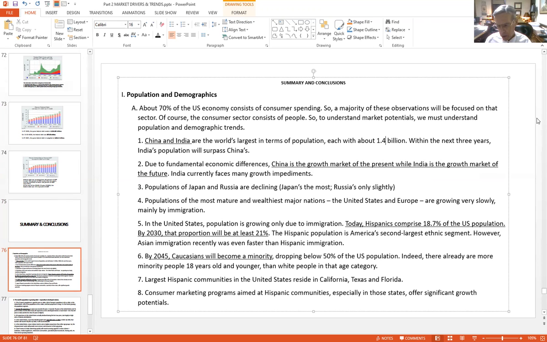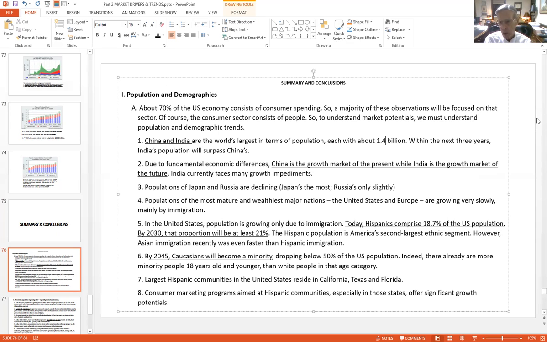And the largest immigration group by far is made of Hispanics, which today represent almost 19% of the US population. By 2030, 21%, and probably more. In fact, as this process goes on, by 2045, Caucasians, whites, will represent less than 50% of the total US population.